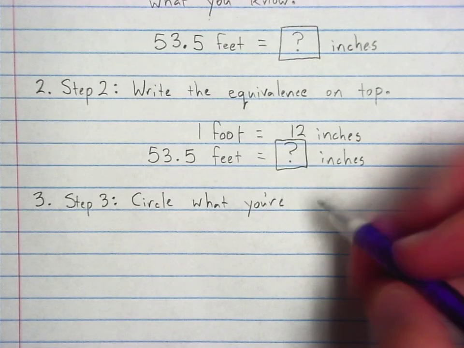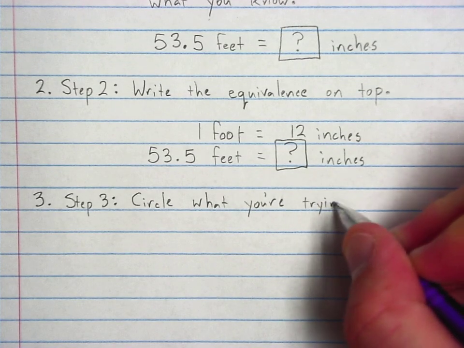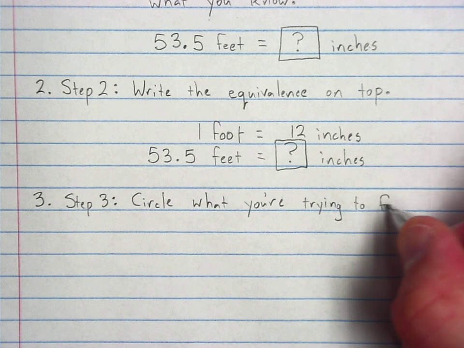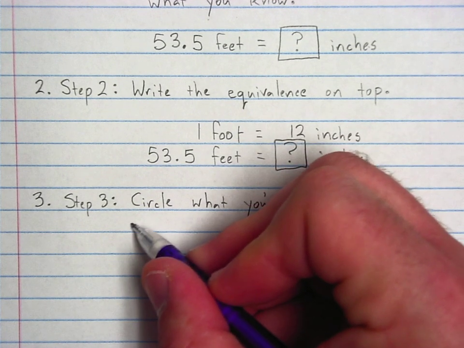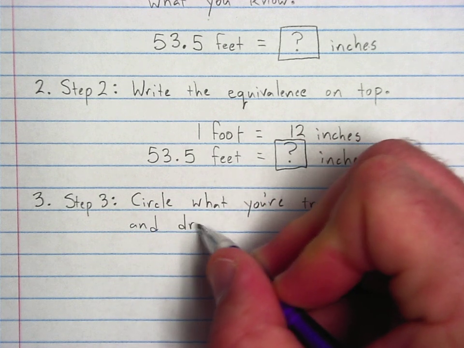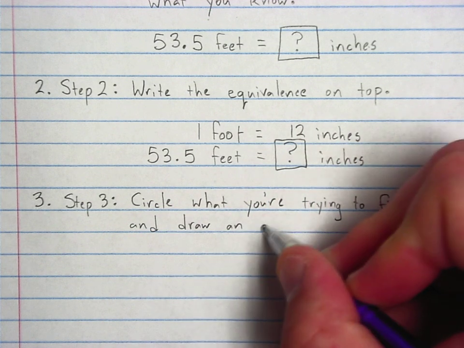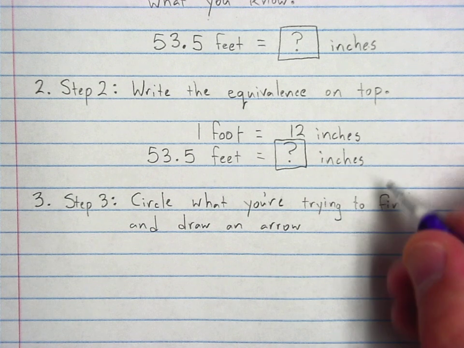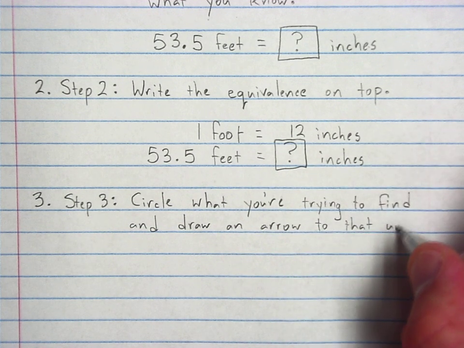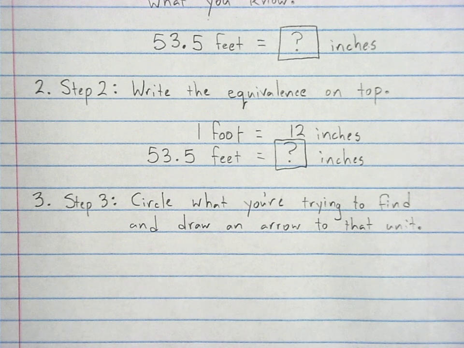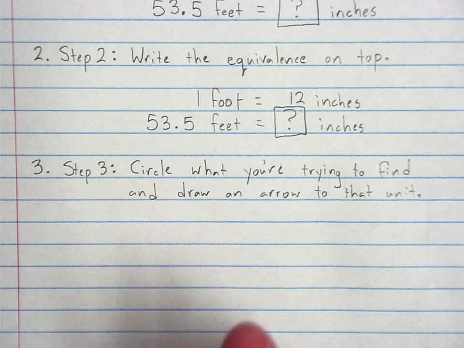Circle what you're trying to find and draw an arrow to that unit. I found this suggested online, and I mean, you know how much I love arrows. So of course I'm going to be all over this.